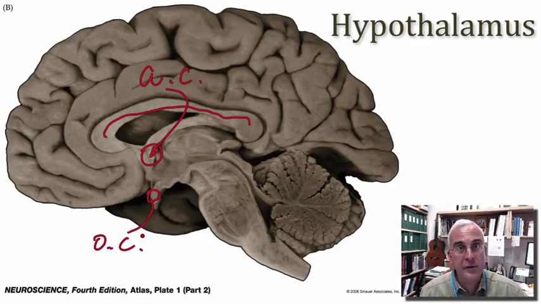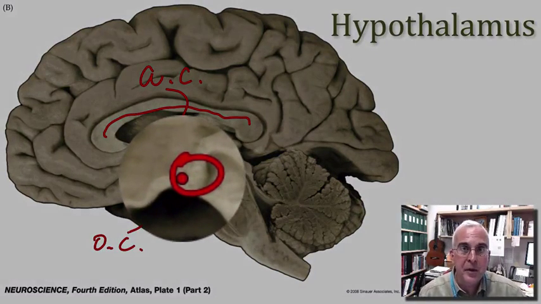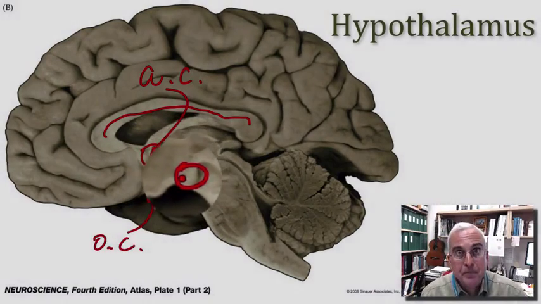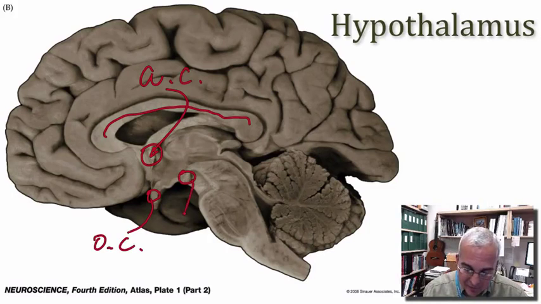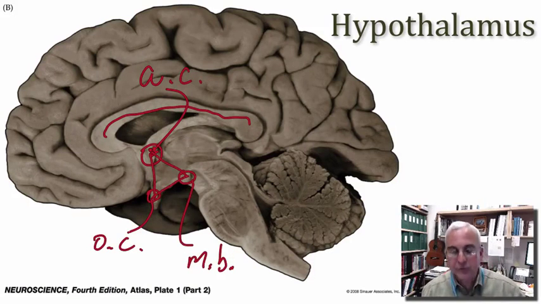The third point is actually a part of the hypothalamus itself, and that is this medial ball-like structure that sits very close to the midline. There's a pair of them, one on either side. And again, who knows what this is? This is one of the two mammillary bodies. Okay, so these are the three visual landmarks that form this triangular region that allows us to recognize the location of the hypothalamus.